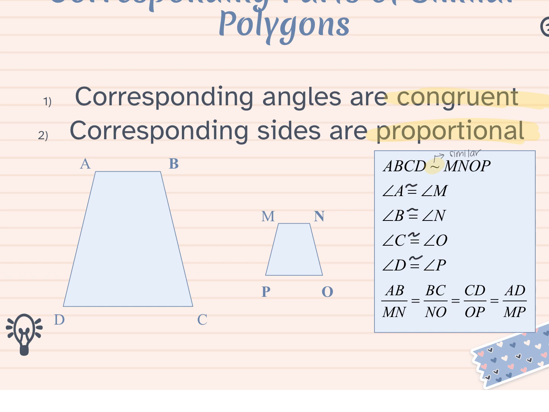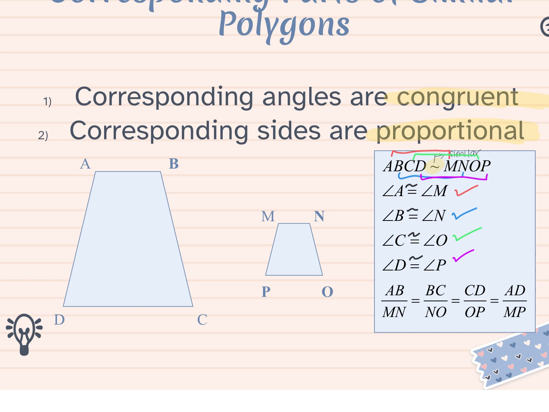Angle A is congruent to M. Angle B is congruent to N, which is correct. Angle C is congruent to O. And angle D is congruent to P. So your angles are going to be congruent.